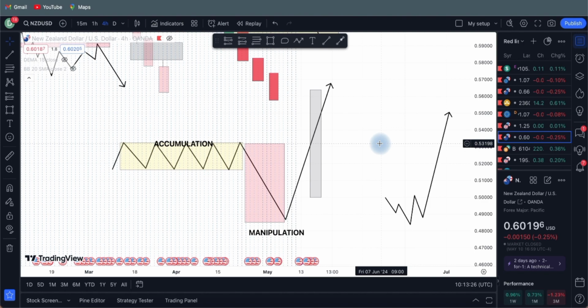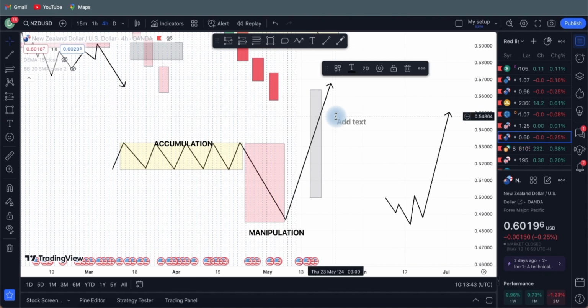After an impulsive move to the downside has occurred, we are expecting the market to move in the opposite direction, which will be referred to as the original distribution phase, the original movement of the market. That manipulation phase is mostly referred to as the compensation to either the buyers or the sellers.